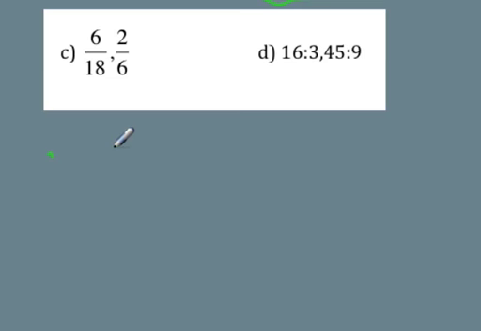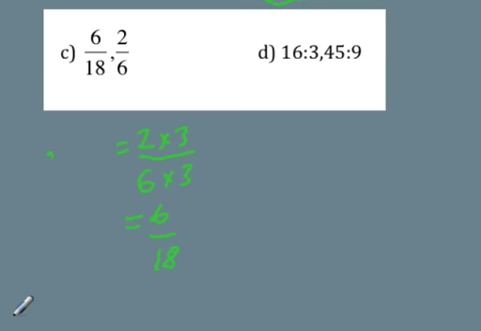And so if we're going to look at 2/6, we're going to multiply both top and bottom by 3. Okay, 2 times 3 is 6 over 6 times 3 is 18, and that's equal to the 6/18.